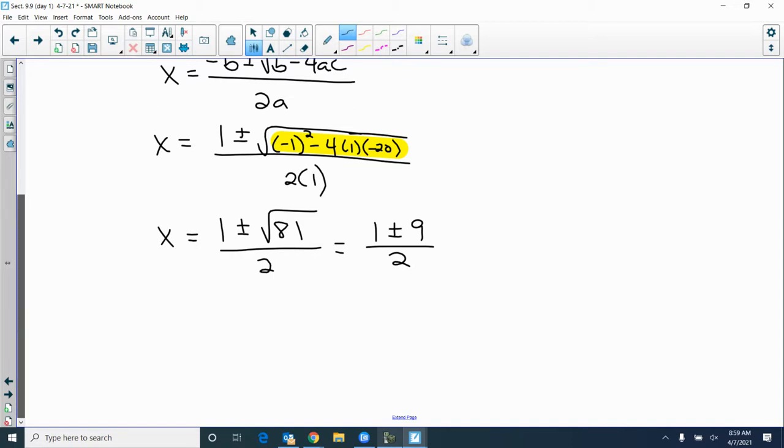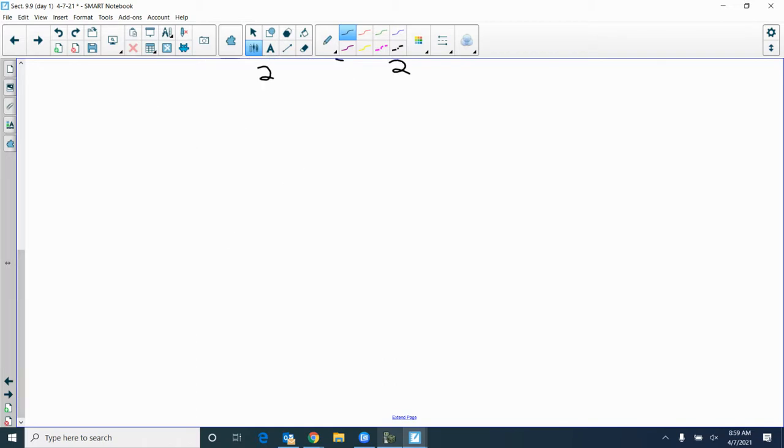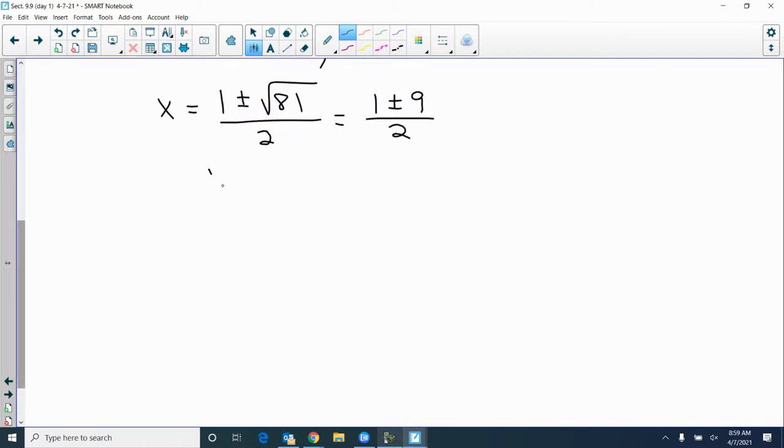And you can go from here to your final answer, but here's what's going on. I'm going to show you. Technically, we're doing 1 plus 9 divided by 2, and then we're doing 1 minus 9 divided by 2.